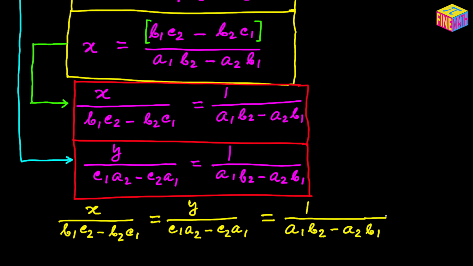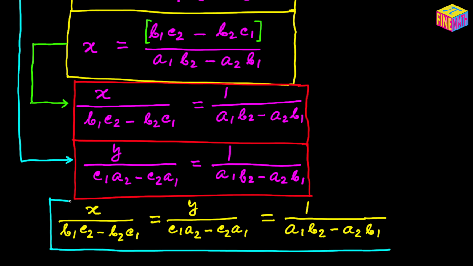If you carefully look at it, each one of them is actually equal to 1 over a sub 1 b sub 2 minus a sub 2 b sub 1, right? So we can come up with this very generic formula like this to solve for x and y.